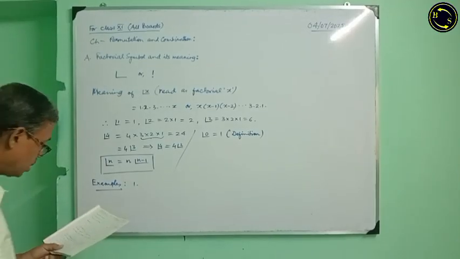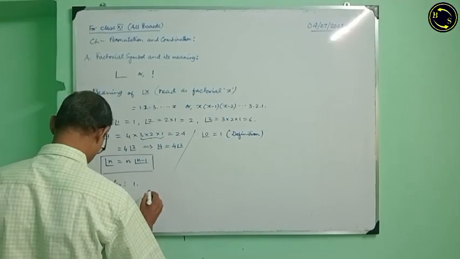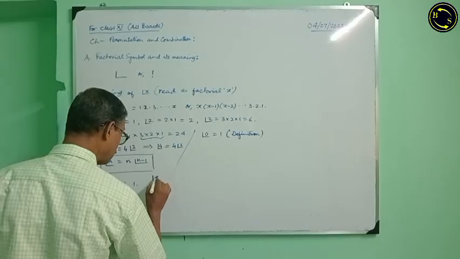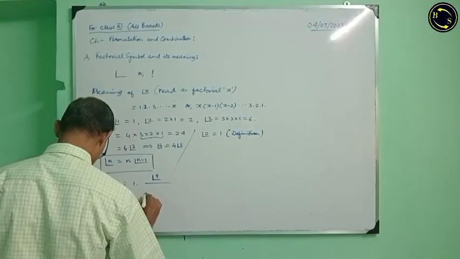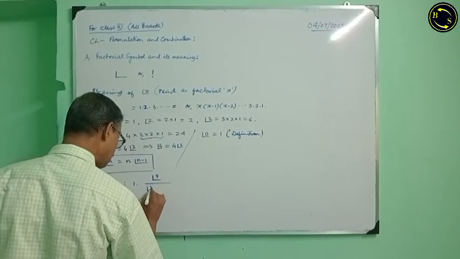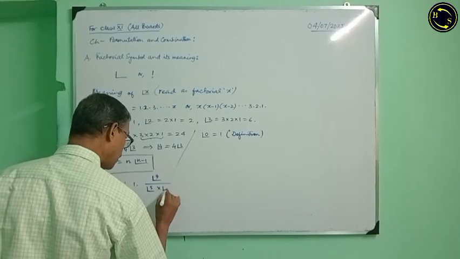Number 1, let us calculate factorial 9 divided by factorial 5 into factorial 3.